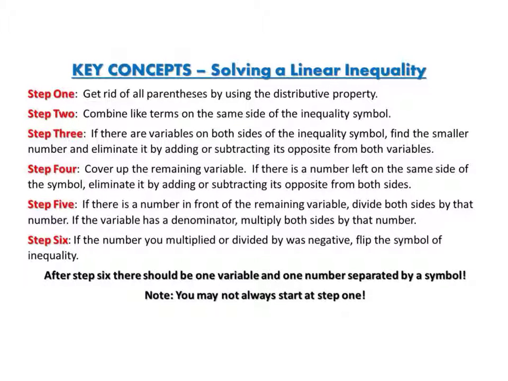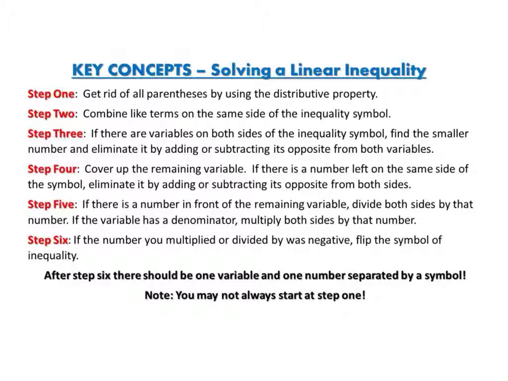Now, I've given you these 6 steps to solving a linear inequality, and you're not always going to use all 6 steps, as you're going to see, but I wanted you to have them so for those of you that have difficulty solving inequalities, you can refer back to them. Step 1 is that you get rid of all parentheses by using the distributive property.